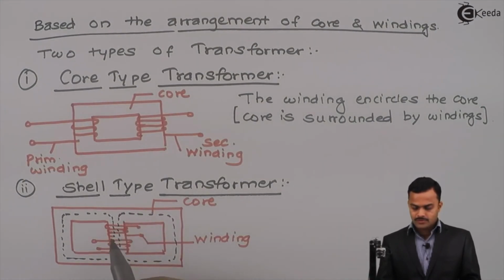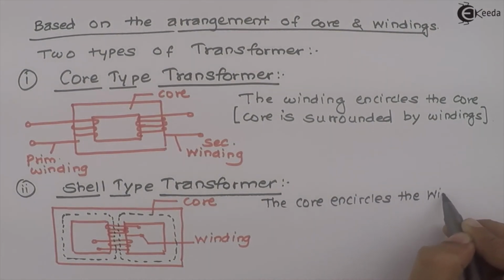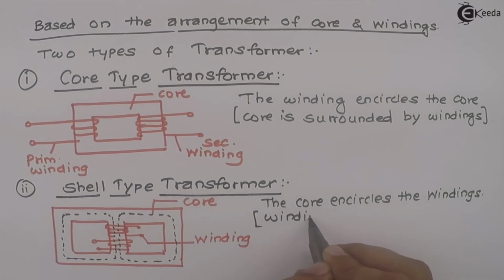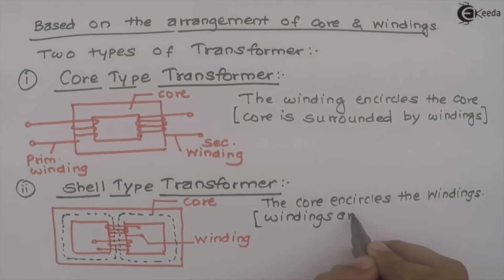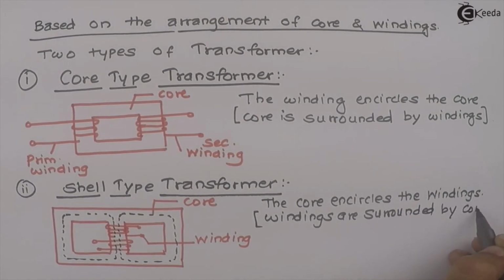So here if you see what happened, there is a core outside and windings are inside. So I can say the core encircles the windings. Or in other words, you can say windings are surrounded by core.